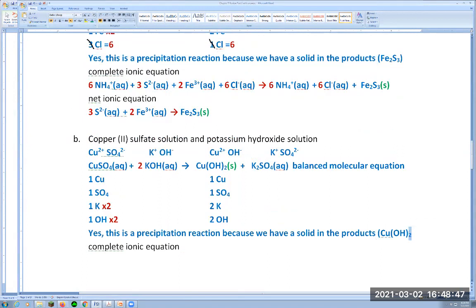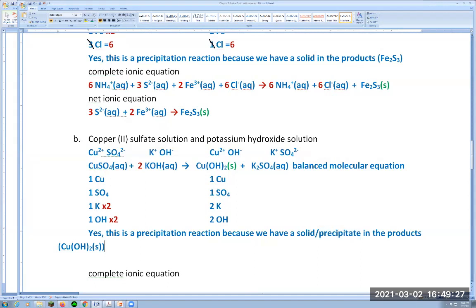That's our solid here. By the way, these solids in precipitation reactions are called precipitate, right? We have a solid slash precipitate. You want to know that word, and the precipitation reaction comes from the fact that we call this the precipitate.